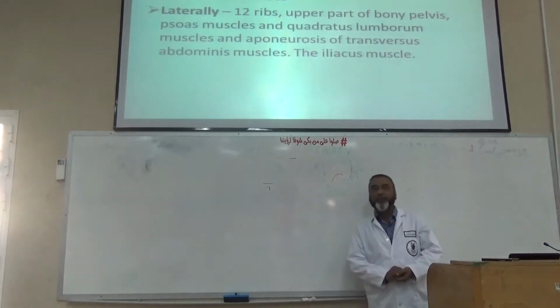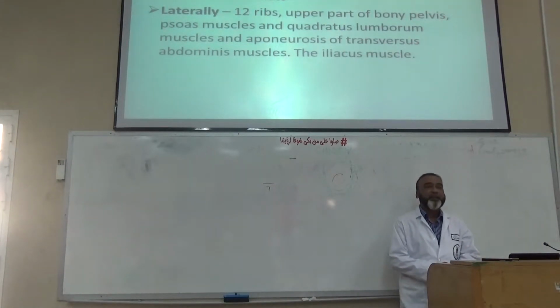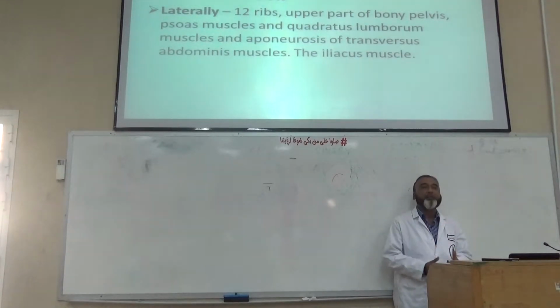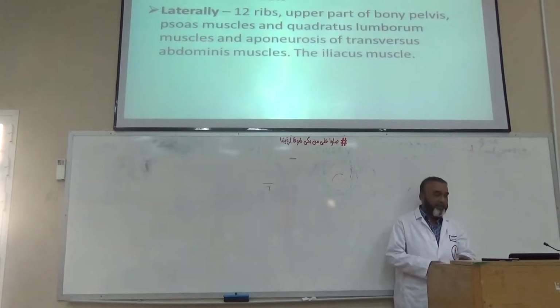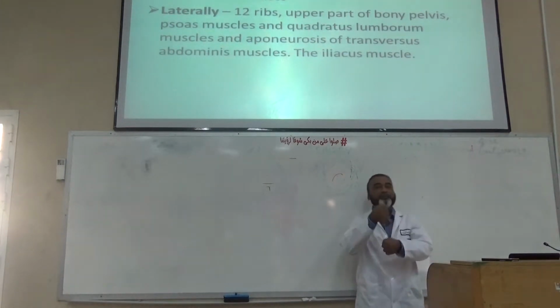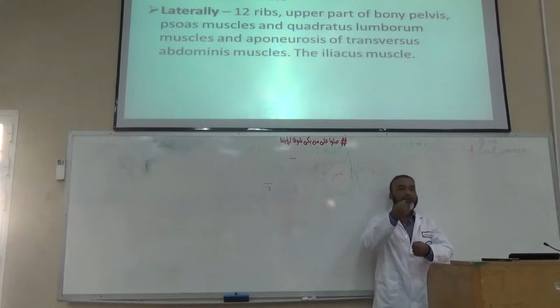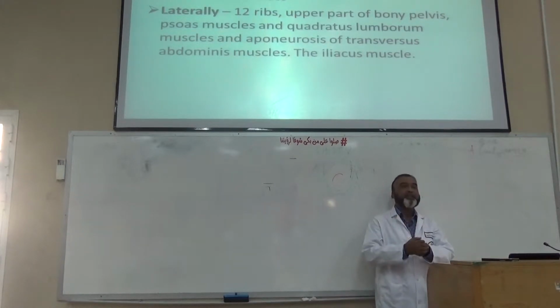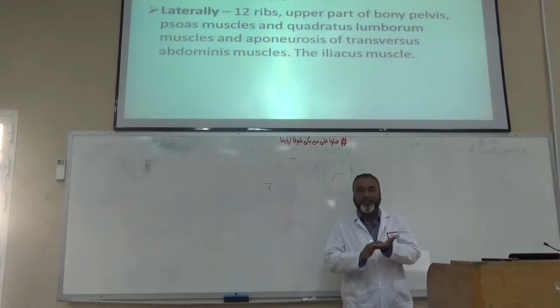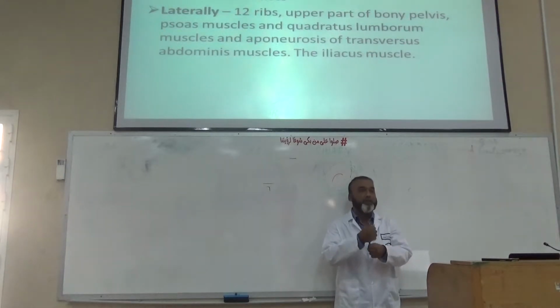So if you see posteriorly in the midline, we have the 5 lumbar vertebrae. And you already know that every vertebra is separated from the next one by a fibrocartilaginous disc, which is named the intervertebral disc.